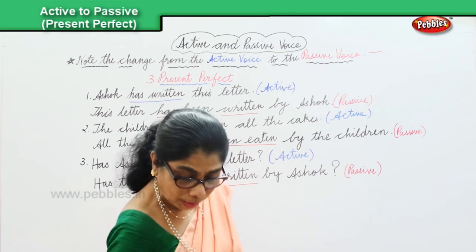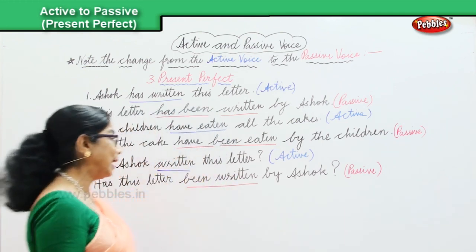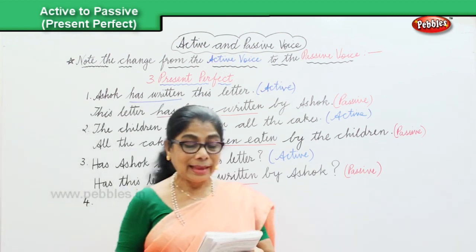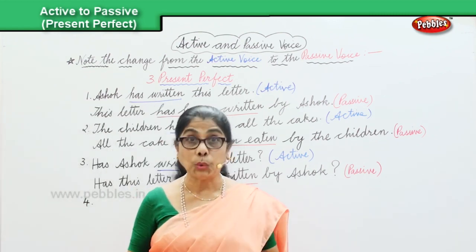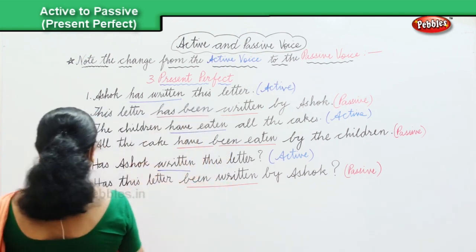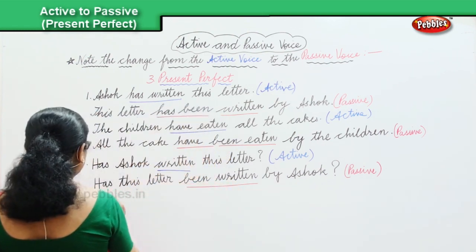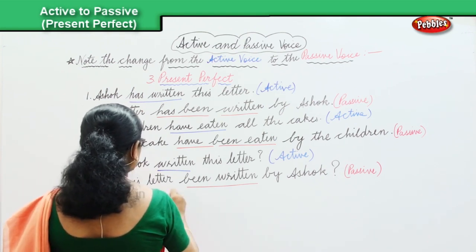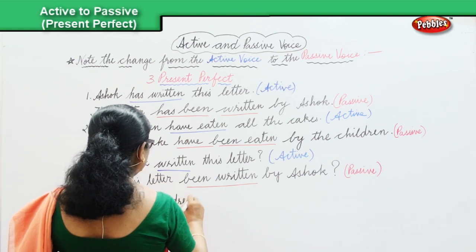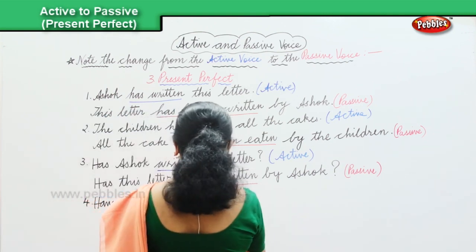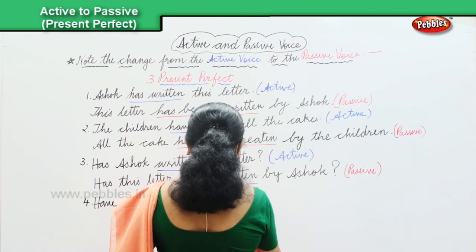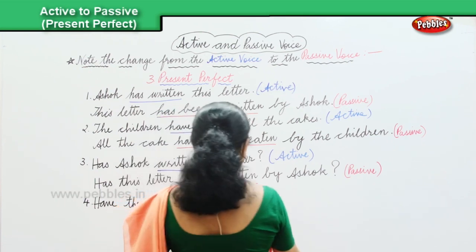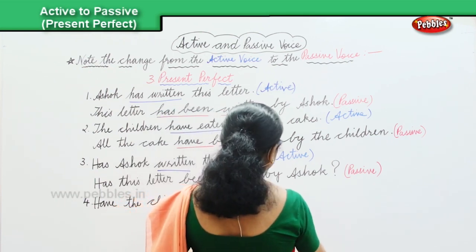Now, we have one more last sentence to look at and practice. Fourth one. Have the children eaten all the cakes?